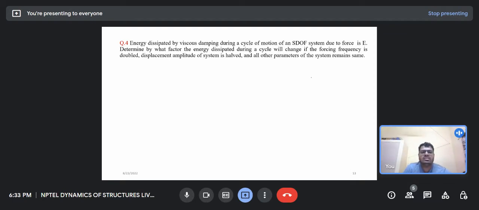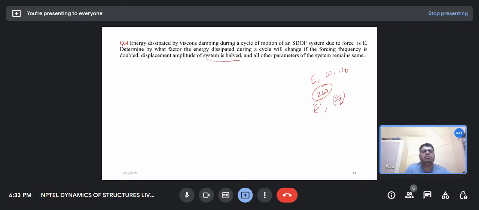In the first case, for E, your forcing frequency is omega and your amplitude is u naught. If my forcing frequency is doubled to 2 omega, then my new energy, the energy dissipated in the viscous damper, will change, and the displacement amplitude of the system, due to doubling the forcing frequency, becomes u naught by 2.